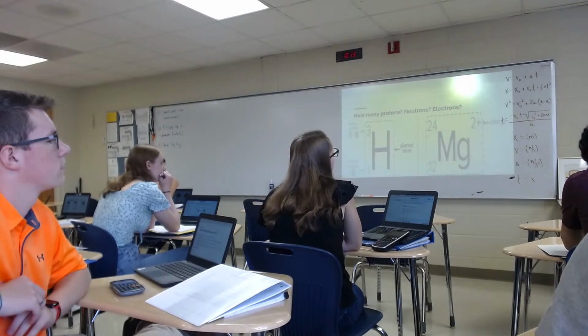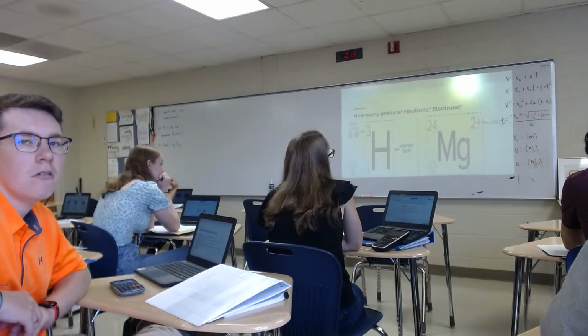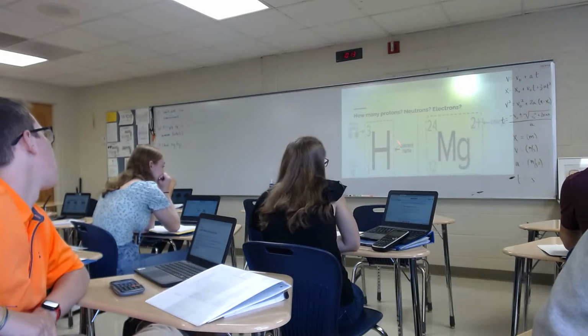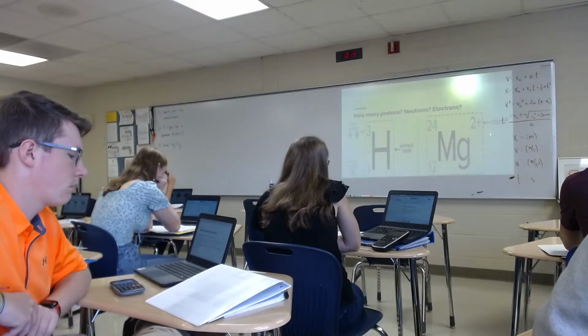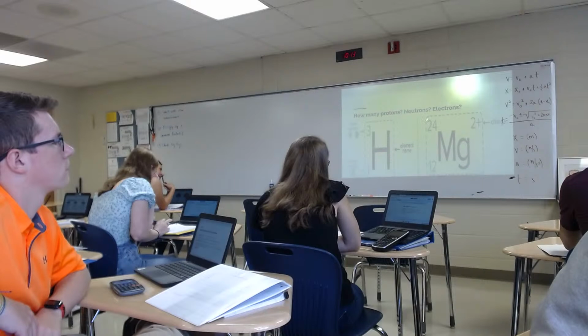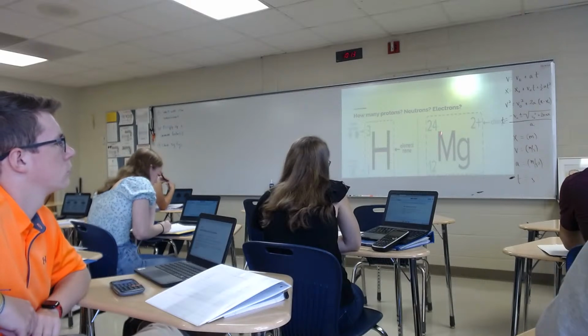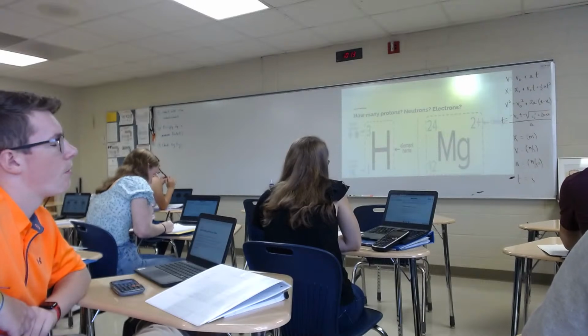Do you think it's 10 or 14? 10. Okay. So this magnesium atom has 12 protons, that number right there. This particular magnesium atom only has 10 electrons. That number is telling me that. How many neutrons does this magnesium atom have? 12. 24 minus 12 is 12.